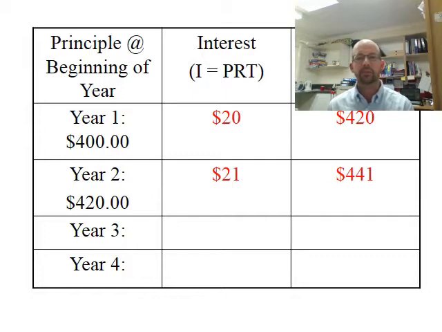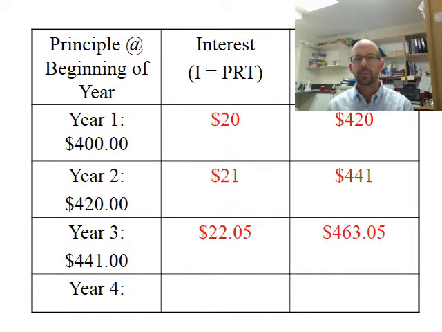Bring that balance forward for our principal at the beginning of the third year. The third year, principal 441 times the interest rate 0.05. We have an interest payment of $22.05. Add that on to our previous balance, and we have a new balance for the end of the third year.